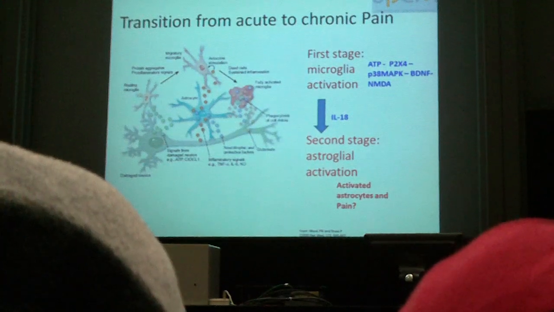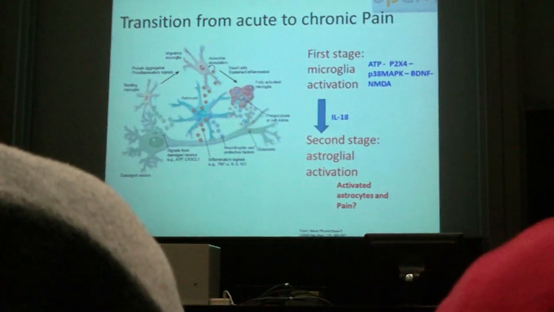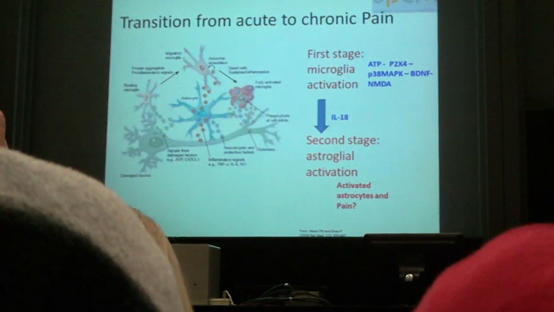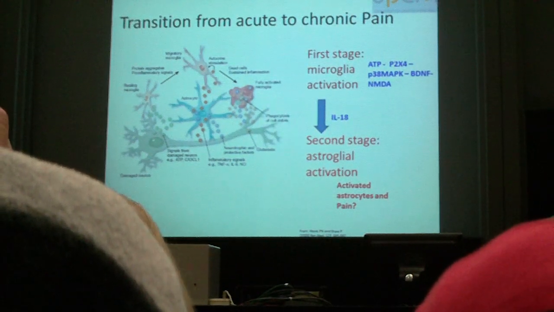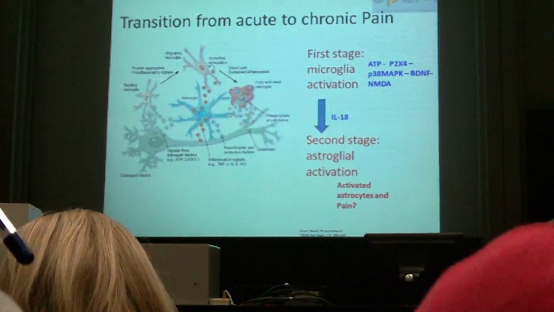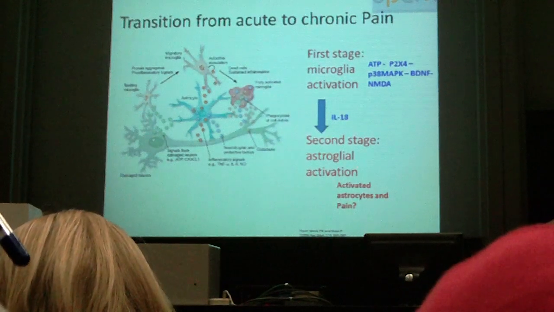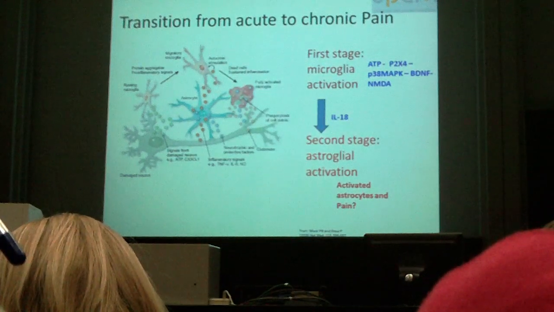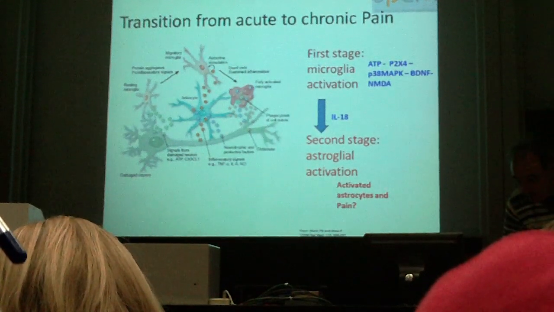So in summary, these people showed that interleukin 18 is very important for the activation of the astroglial cells. It's produced by the microglial cells, and the microglial cells communicate with the astroglial cells via this interleukin 18. Then the astroglial cells become activated.